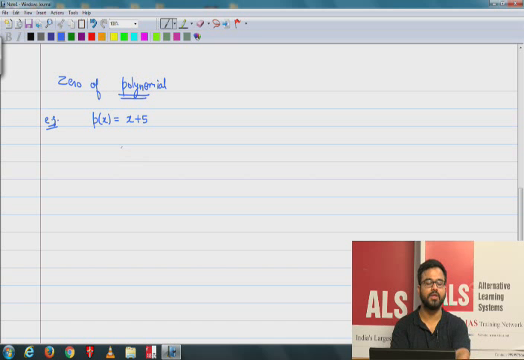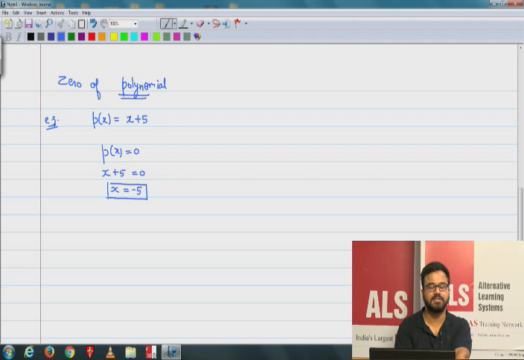So to find the 0 of the polynomial, we just have to put p of x equal to 0, and p of x is nothing but x plus 5. So when you put x plus 5 is equal to 0, you will get x equal to minus 5. So x is equal to minus 5 is called the 0 of this polynomial. Why?